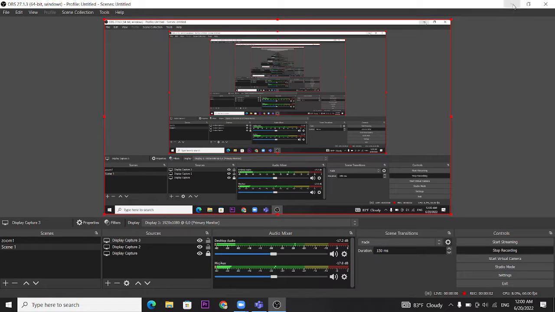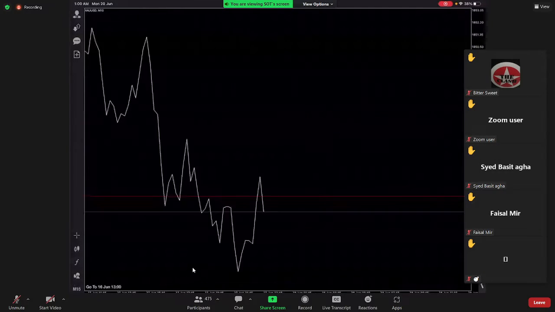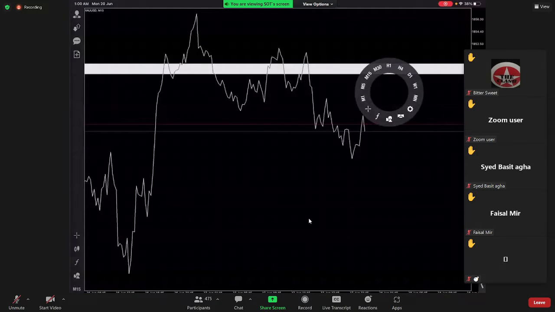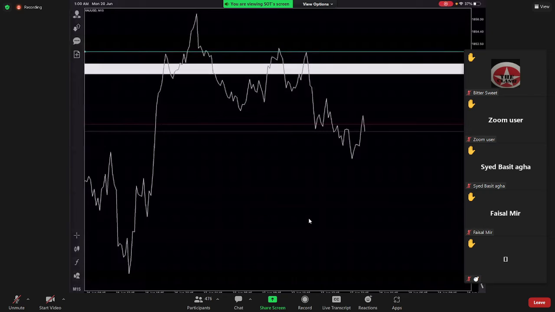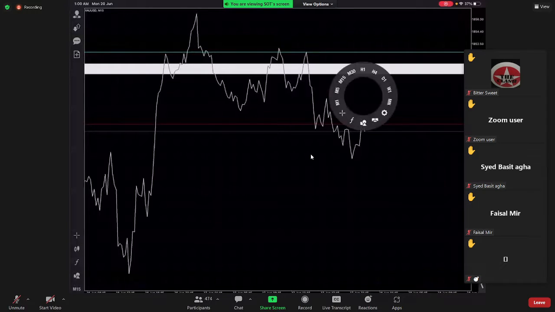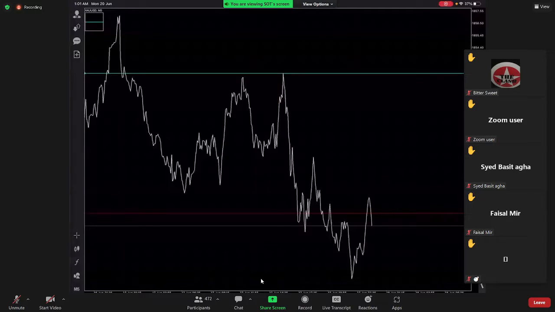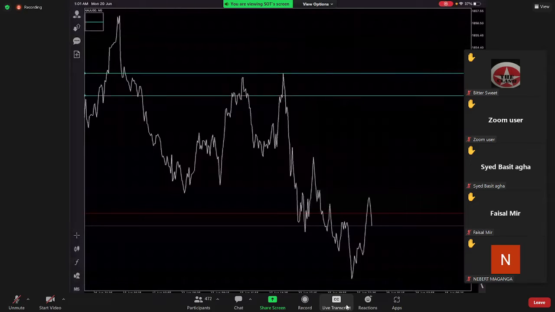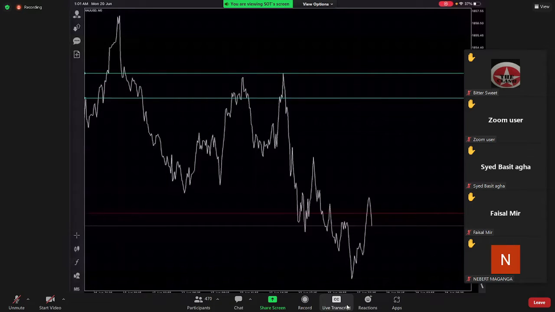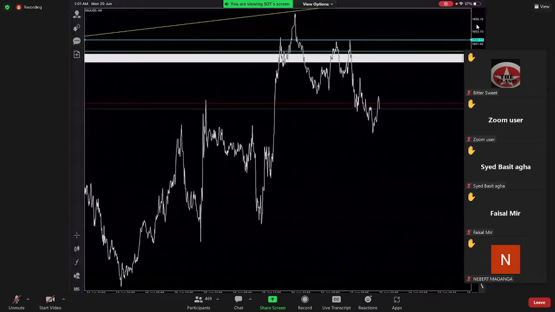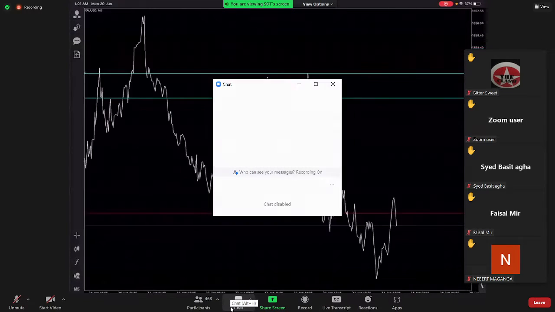Need to find zone. Okay, turn to M15. Just mark first. Okay, this is first zone.